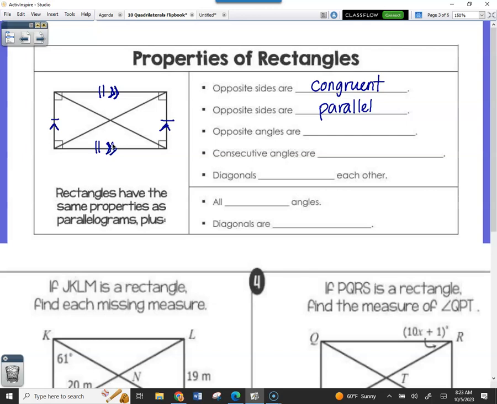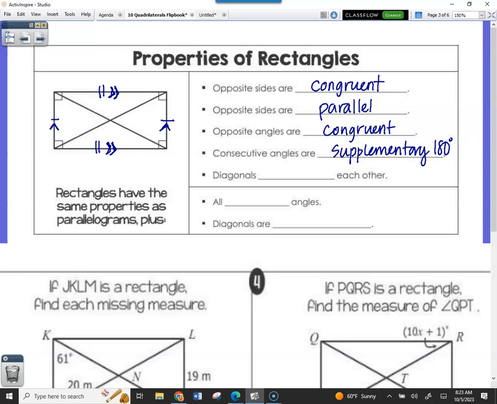Opposite angles are congruent. Consecutive angles are supplementary. Starting to ring a bell? Meaning they add to 180.